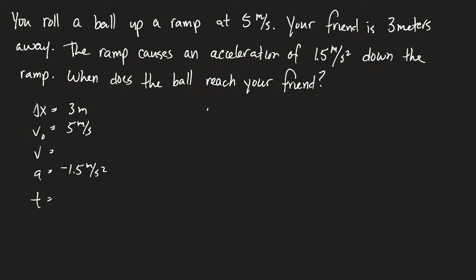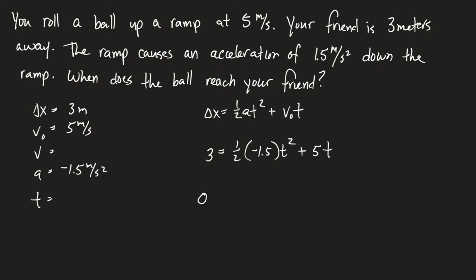Then you have delta x equals 1/2 a t squared plus v naught times t, which is 3 equals 1/2 times negative 1.5 t squared plus 5t. 0 equals negative 0.75 t squared plus 5t minus 3.